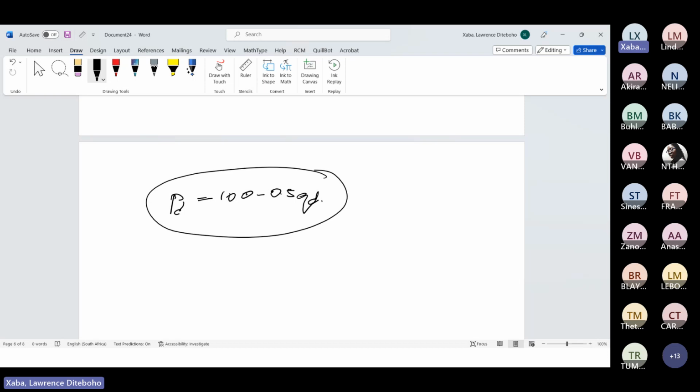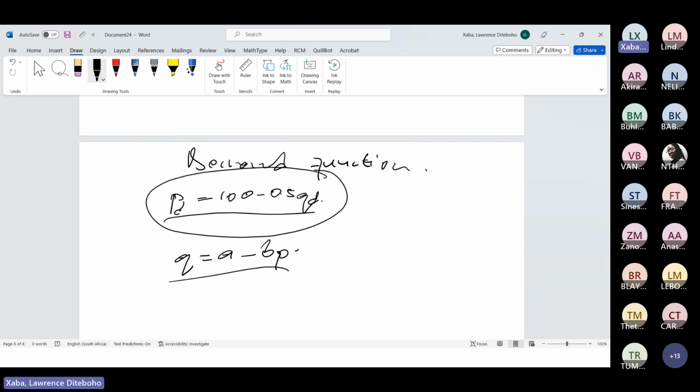If you look at this, it is still the demand function. But if you remember the original equation of the demand function, we are saying Q equals A minus BP. These are still the same.